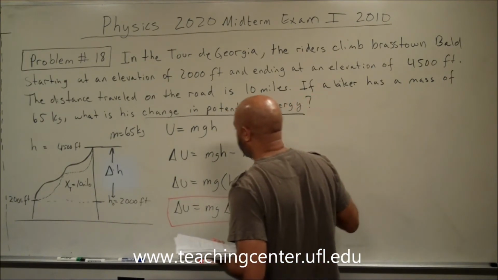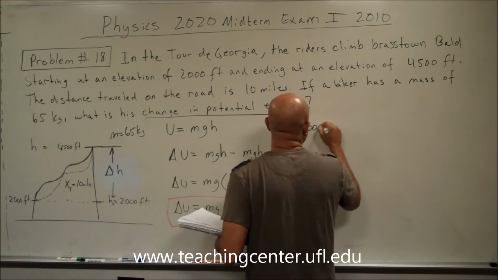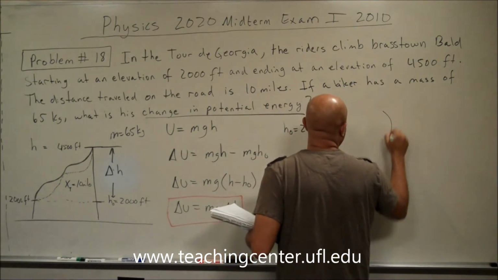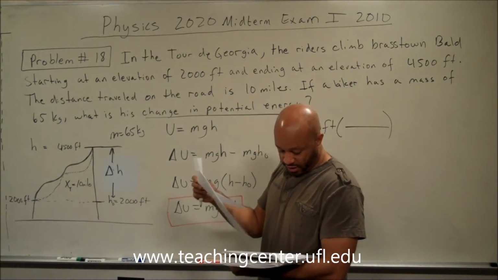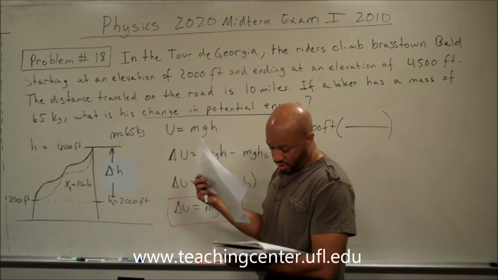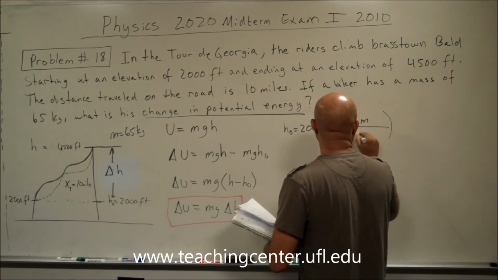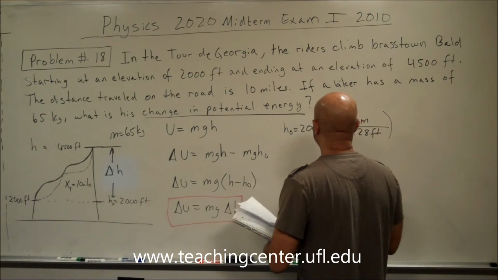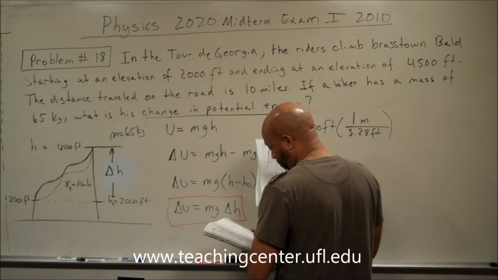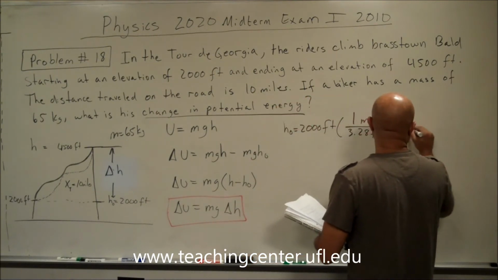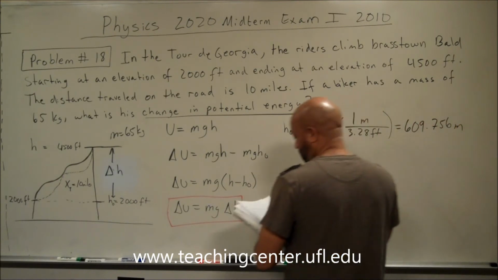So the initial height is 2,000 feet, and if we look on our review sheet, we'll see that for every meter, there are 3.28 feet. So this works out to be 609.756 meters.